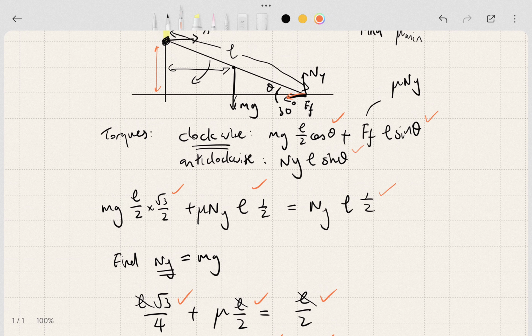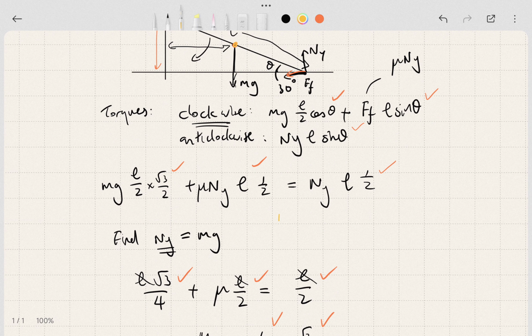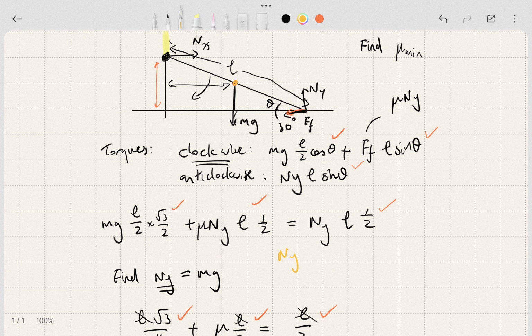Perhaps another way to think about it is taking the midpoint here as the torque. So what you can do here is basically say, well, Ny times the L over 2 cos theta. Oh wait, I see where I went wrong.